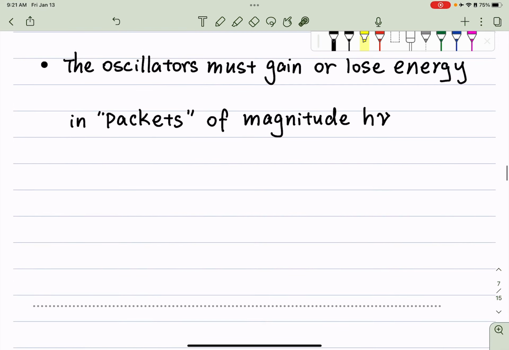Or the more mathematical way to think about it is an oscillator must gain or lose energy in small packets of magnitude h mu. If I write it out, in quantum mechanics we have E oscillator equals n times h mu, where n is an integer.